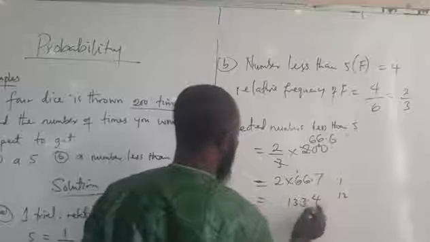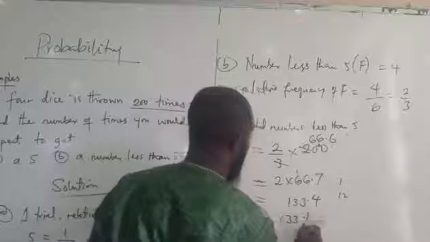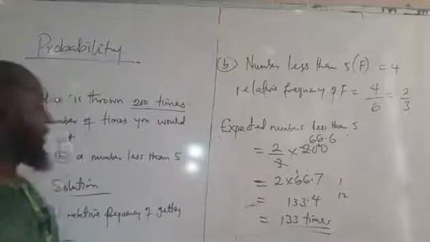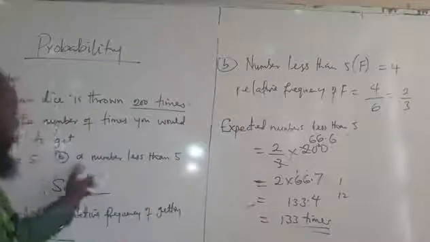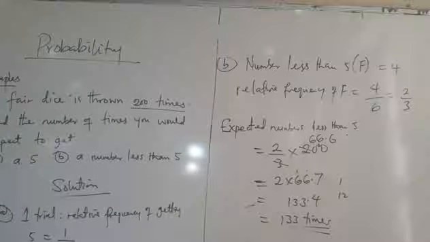So that is 133 times. We are expecting to get 133 times any of the numbers that are less than 5. I hope this is very clear.